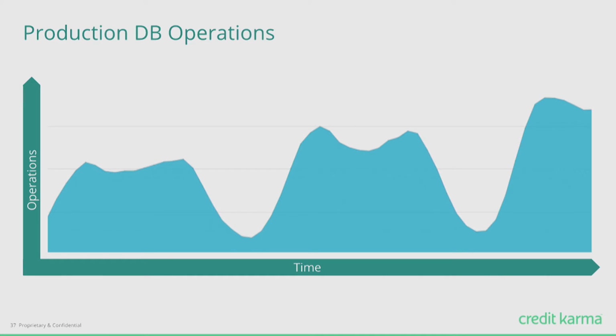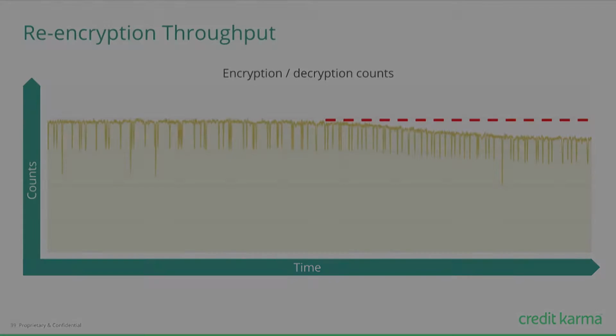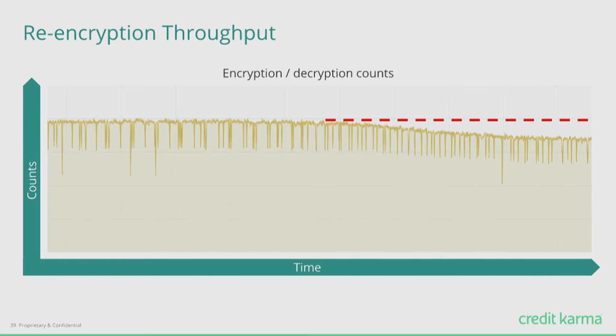The number of DB operations increased accordingly. And then we observe increased latency on database access. So when we sync the data, the latency increased, and our migration throughput starts to degrade. So it's all happening at the same time.